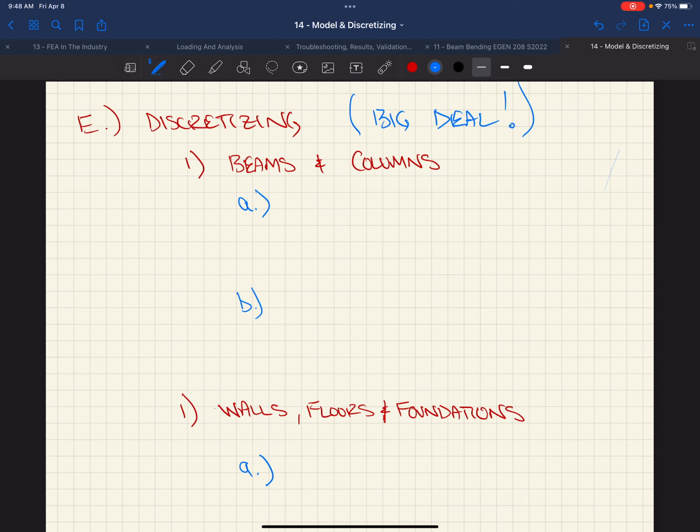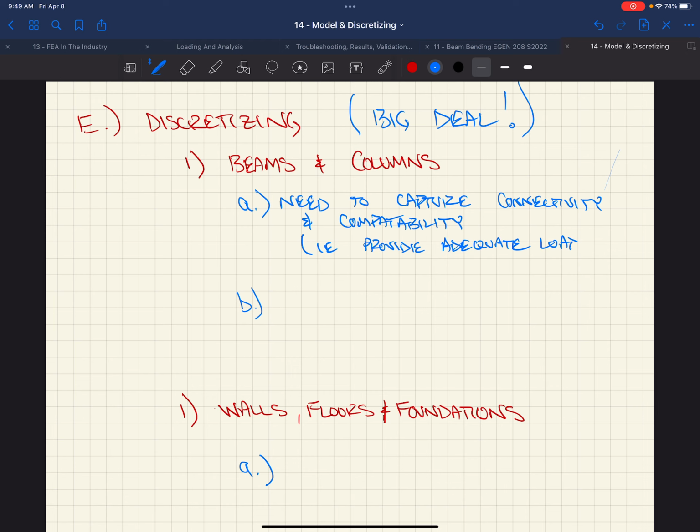So when we discretize, if we look at beams and columns in a structural model, we need to capture connectivity and compatibility, i.e., provide adequate load path, right?